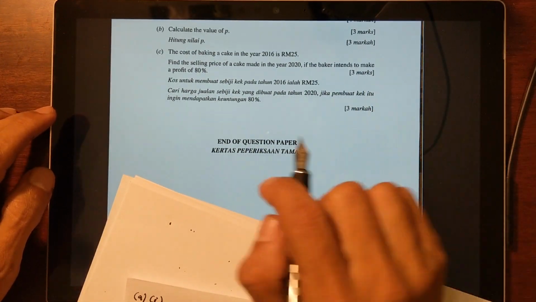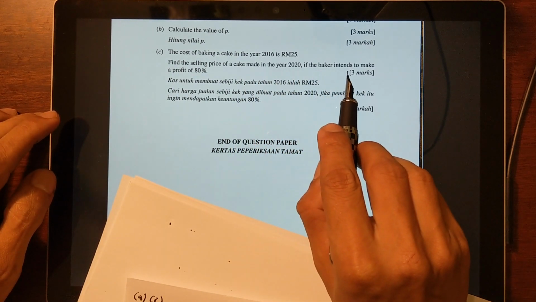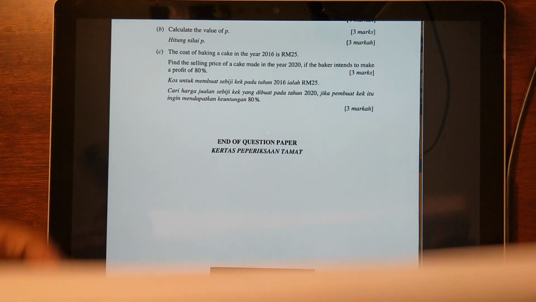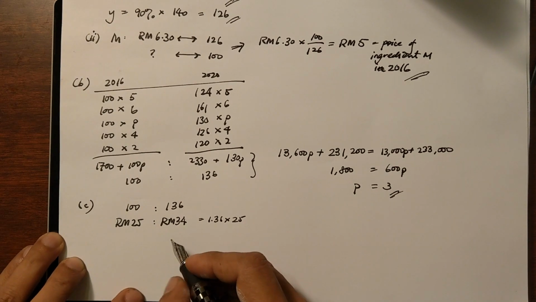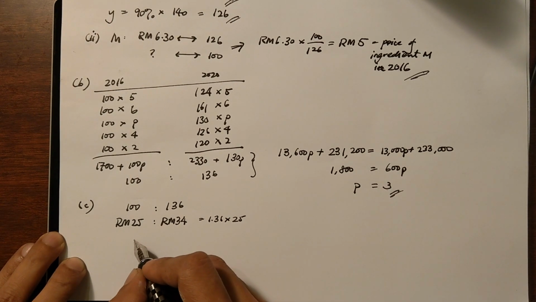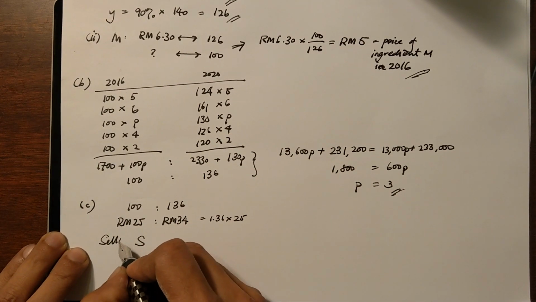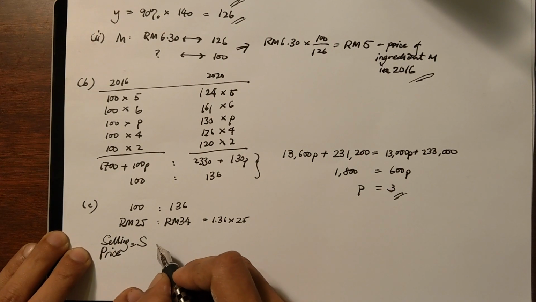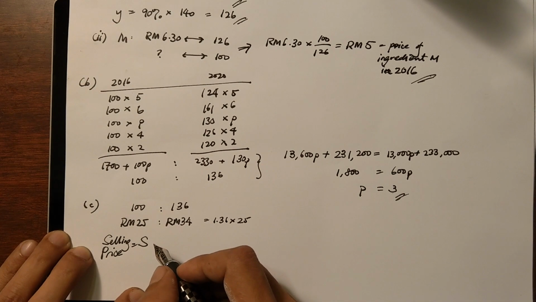Now the question asks, find the selling price of a cake made in 2020 if the baker intends to make a profit of 80%. Alright, so knowing that you have a base cost of 34, to make a profit of 80%, we're going to have a selling price. Let's call that a selling price of S. Okay, it will have to give you an 80% profit, right?